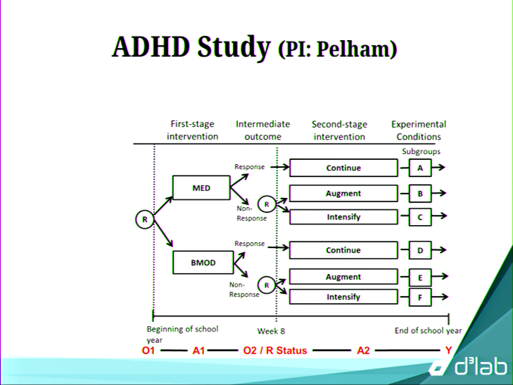Intensify means enhance the intensity of the initial intervention the kid received. Does that make sense? Shauna already told you how response status was assessed when she gave you an example of an embedded adaptive intervention from this study. It was based on 2 measures, the individualized list of targeted behaviors and the impairment rating scale. As long as the participant responded, he continued with the same initial intervention.